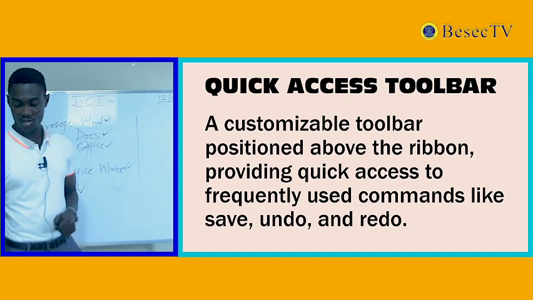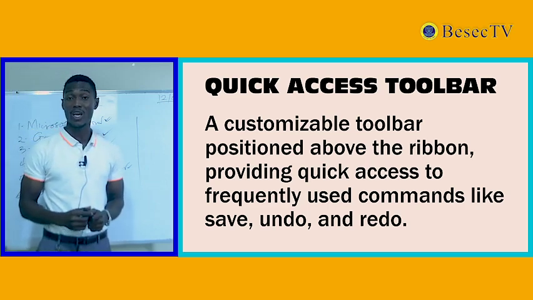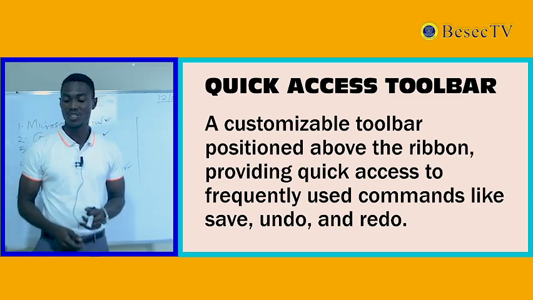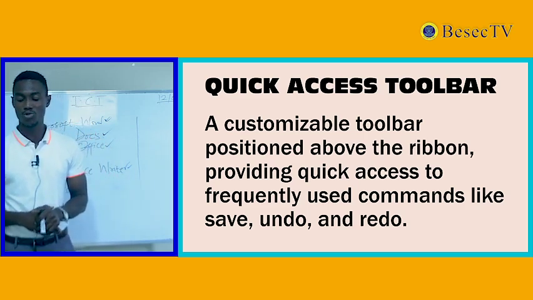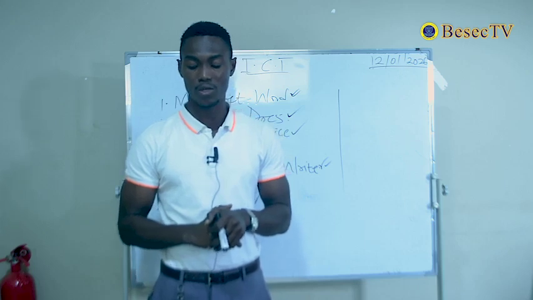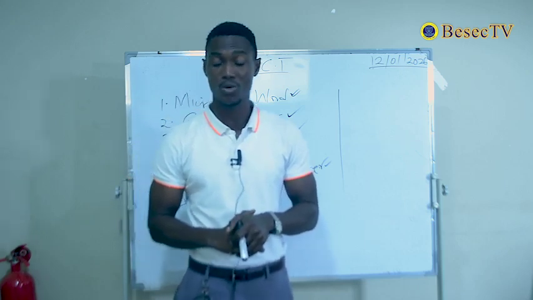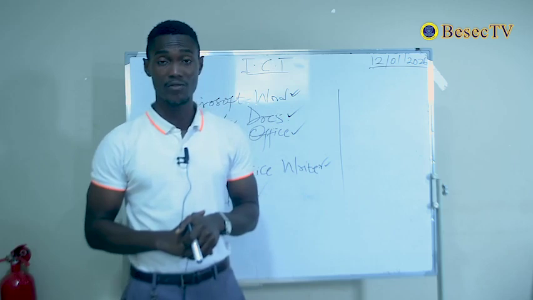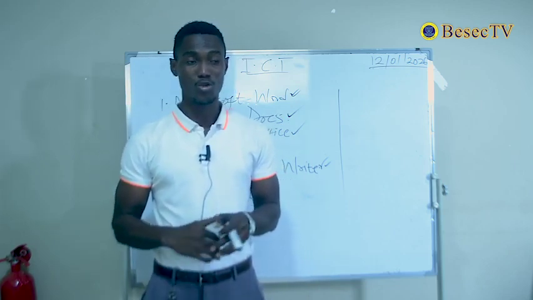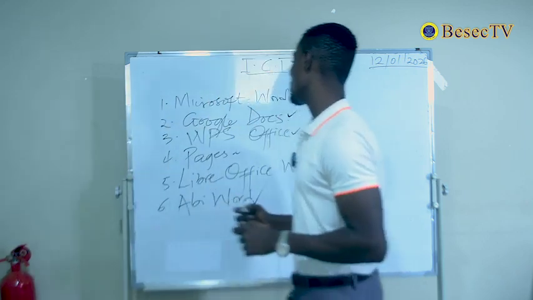So from the title bar, we move on to the quick access toolbar. And it states it is a customizable toolbar positioned above the ribbon, providing quick access to frequently used commands like save, undo, and redo. Then what you must take note of is customizable.